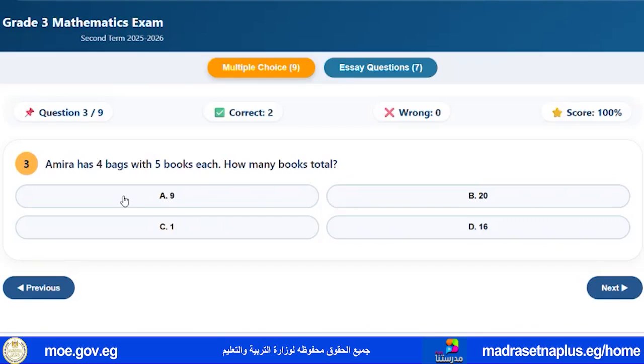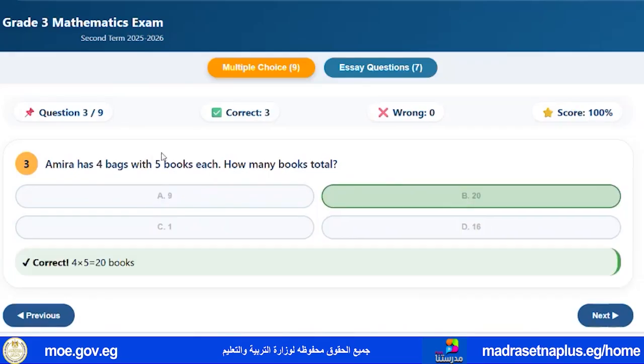Each bag is full of 5 boxes, or contains 5 boxes. So this is multiplication. That means 4 times 5 equals 20. By repeated addition, I can say 5 plus 5 plus 5 plus 5. That's where we repeat 5 four times.